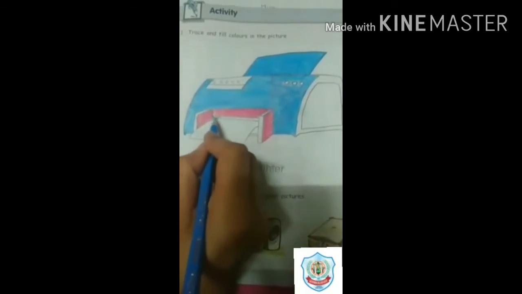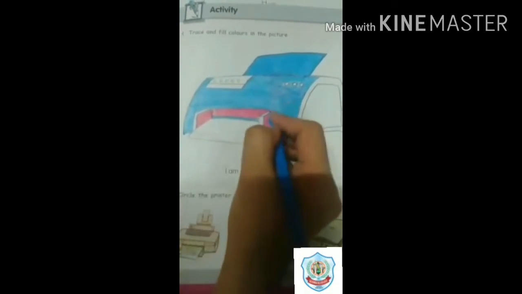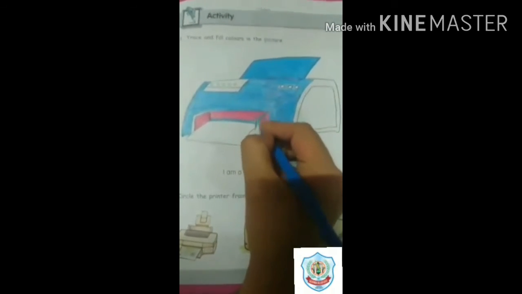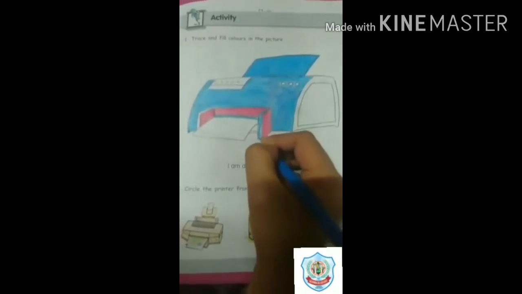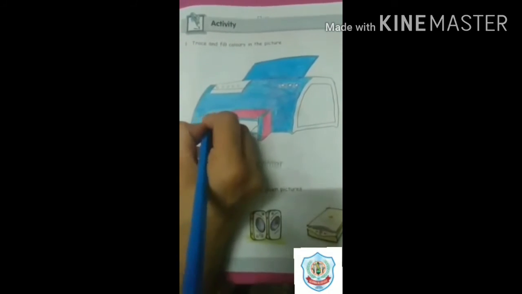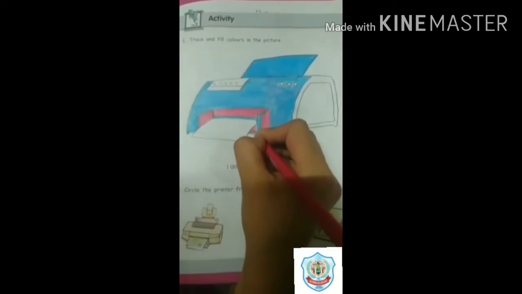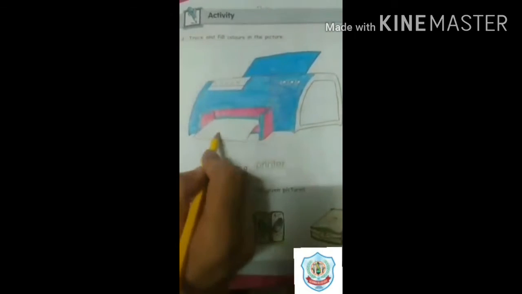Pink color is of my choice and you can choose any color. I'm filling blue color in this portion and pink in this portion.